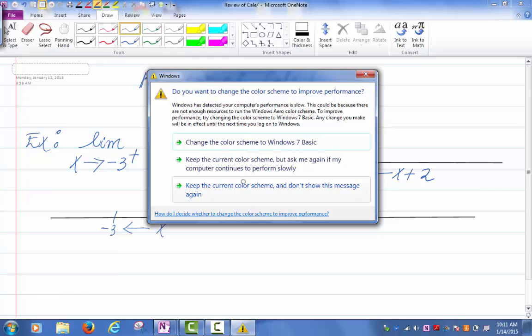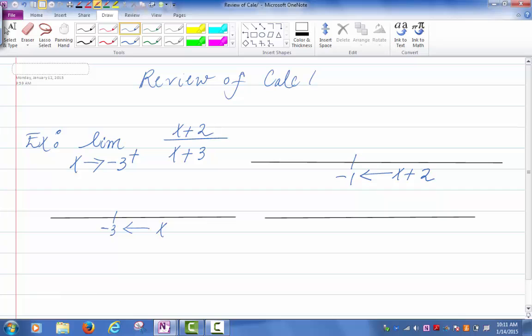Oh, no, actually, what I said here is wrong. Sorry. For example, when x is -2, you get 0, right? So x plus 2 is going to -1 from the left side of -1.